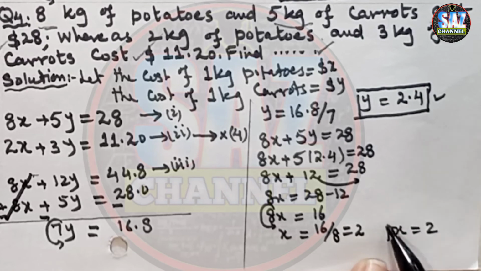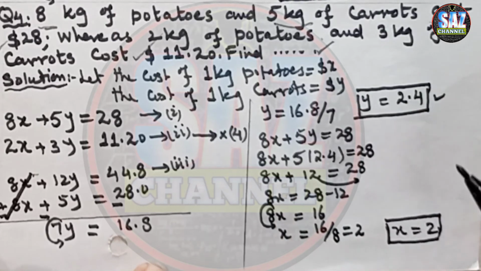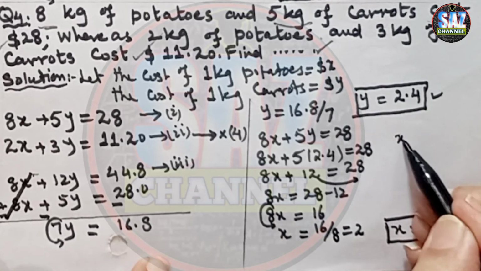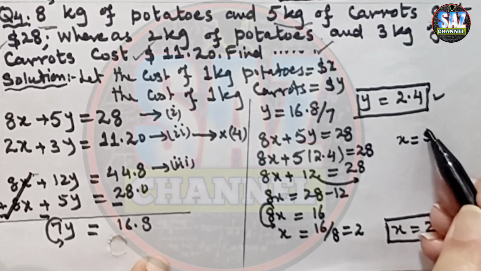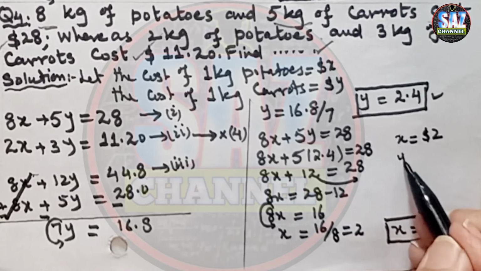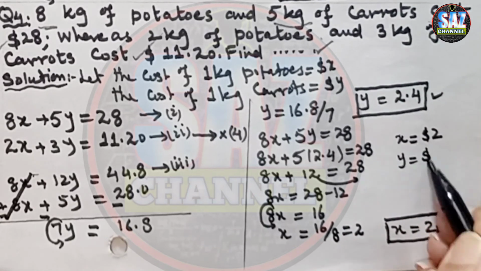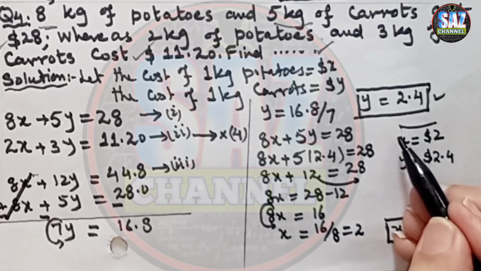If we recall the supposition of the question, the cost of 1 kg of potatoes is x, and that is $2, and the cost of 1 kg of carrots is y, which equals $2.4. I hope you are clear about this lesson.